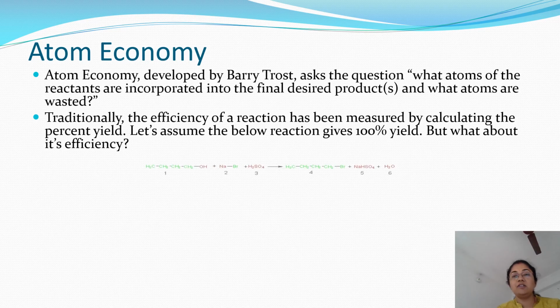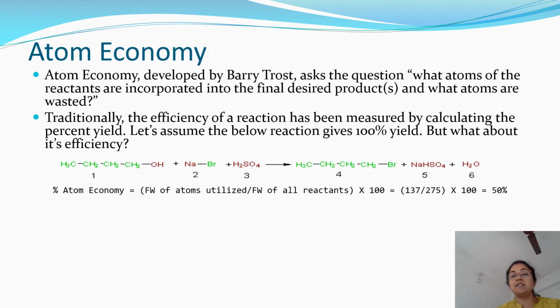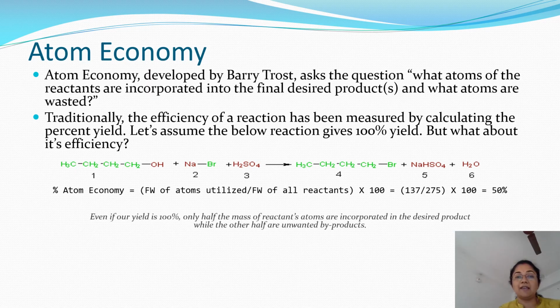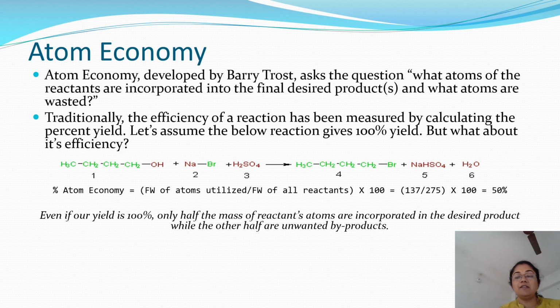Traditionally, the efficiency of any reaction was measured by calculating the percentage yield, that is, by weight how much of the product is produced by weight of the reactants. But you can see here in this reaction that the percentage atom economy is calculated as the number of atoms utilized divided by the number of all the reactant atoms, times 100, which gives us 50% atom economy.